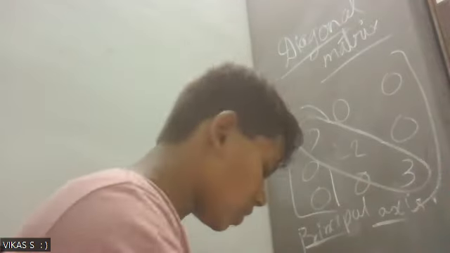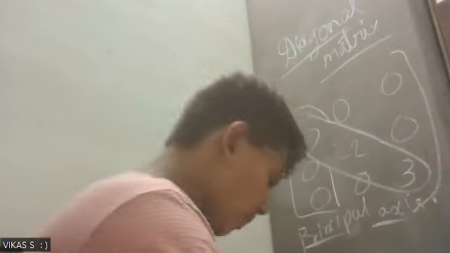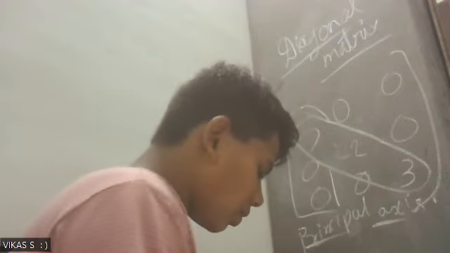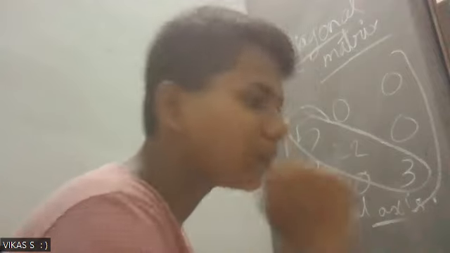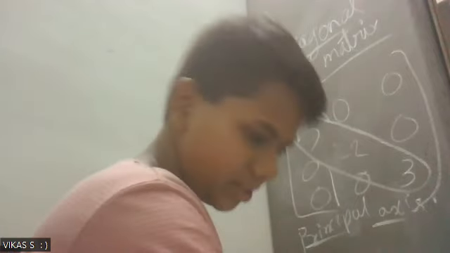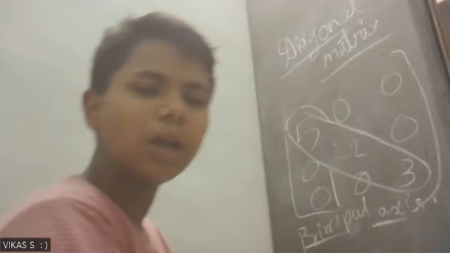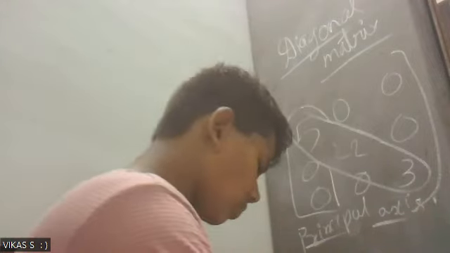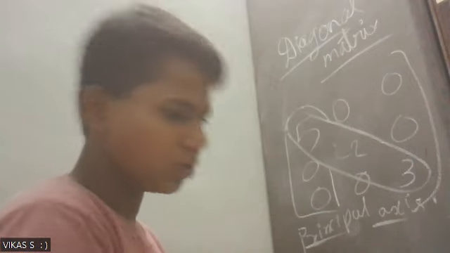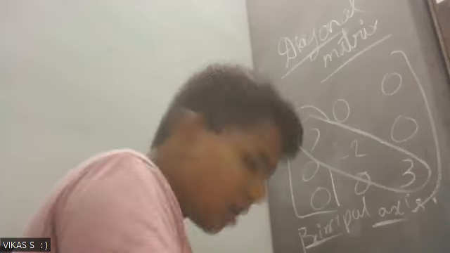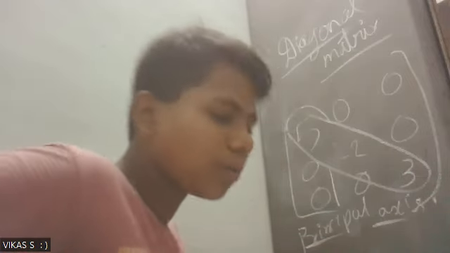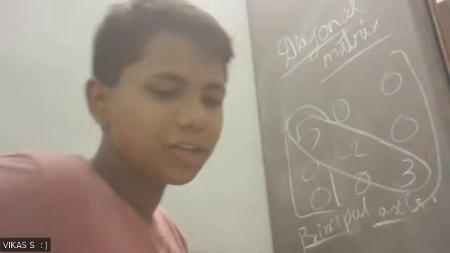Mine is simpler: in a square matrix, all elements are zero except the principal diagonal elements. That's it, almost the same but simpler. You can copy whichever you want. I'll repeat once more if you don't want my definition.